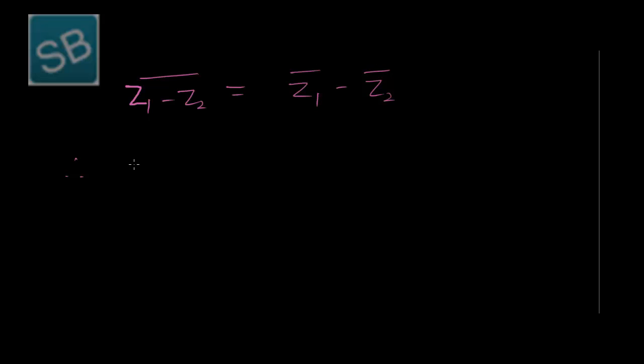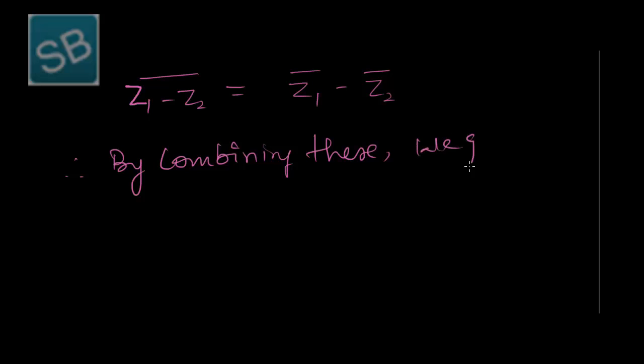Therefore, combining, we get z1 plus minus z2 whole bar is z1 bar plus minus z2 bar. This result is valid for addition and subtraction.